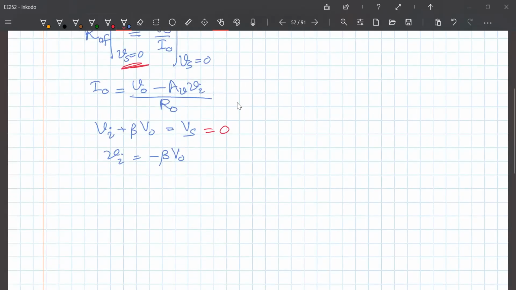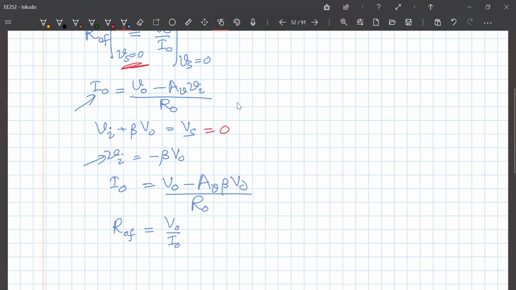So what do we have as I out in this expression? I out is equal to V out minus Av times beta V out, from this Vi, divided by R out. Now I can write R out with feedback is equal to V out over I out. So from here, I take R out and take this part to the denominator, and we will have 1.